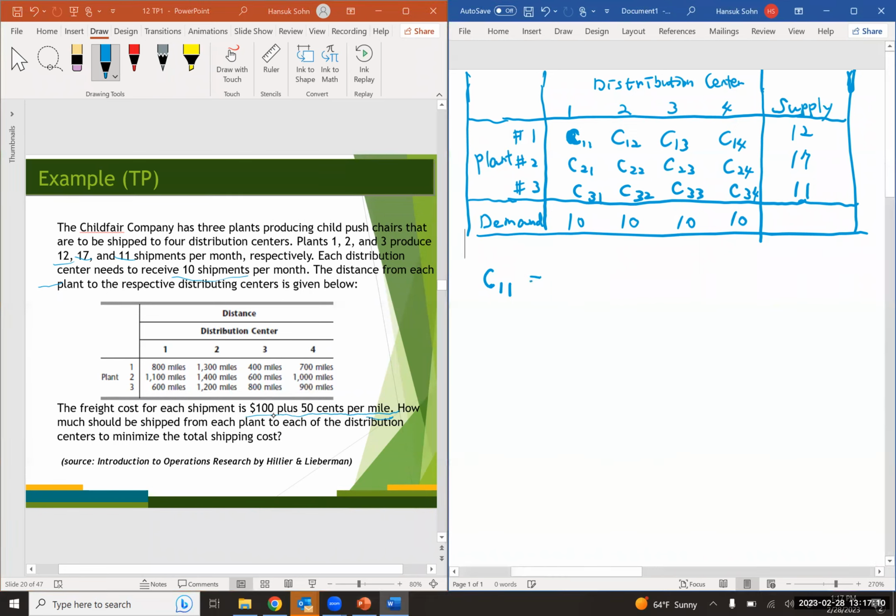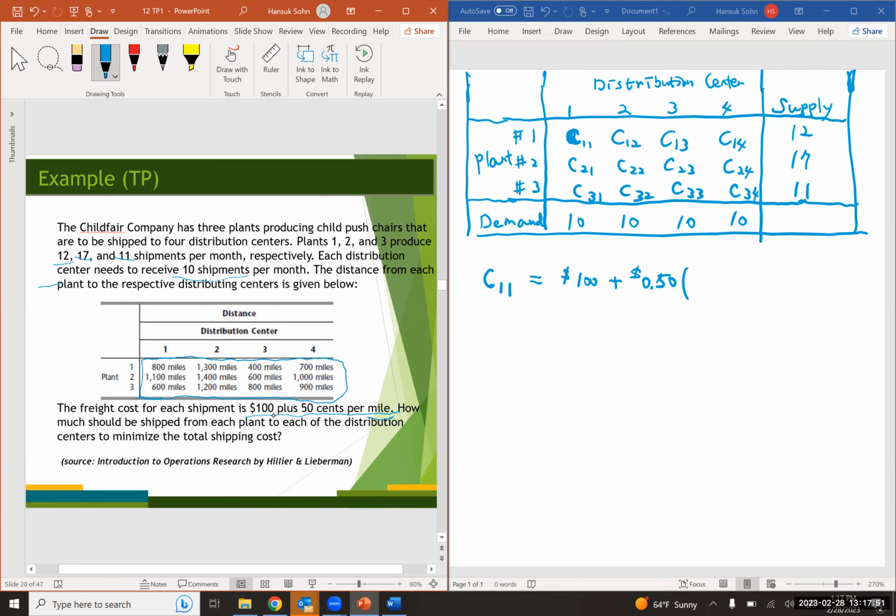So the transportation cost should consist of a fixed cost of $100, right? Plus the variable cost, which is 50 cents, right? Times the distance from each source to destinations, right? So we need to use all of these values, right? For computing the transportation cost.